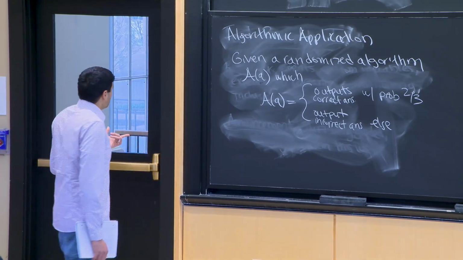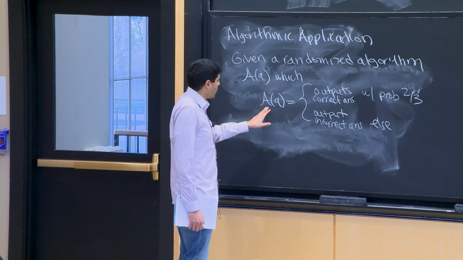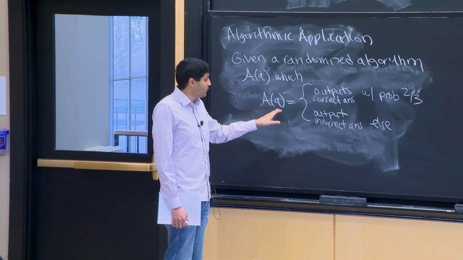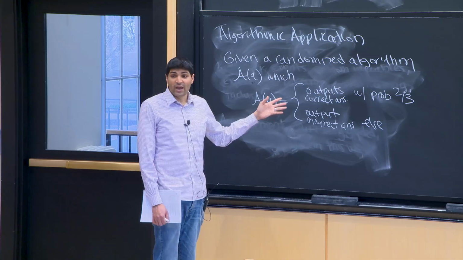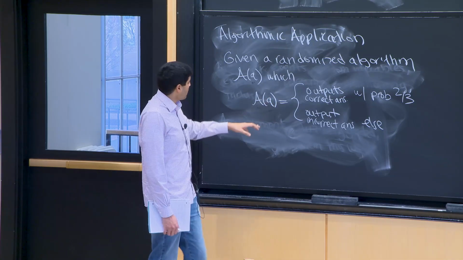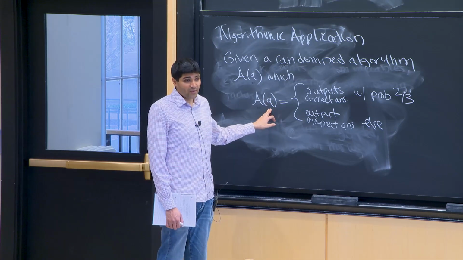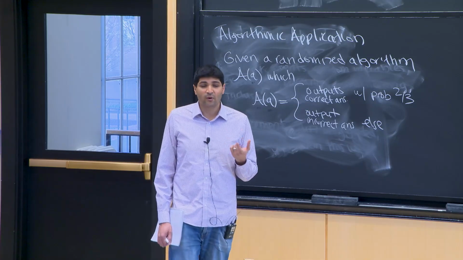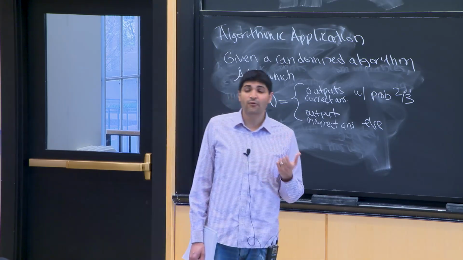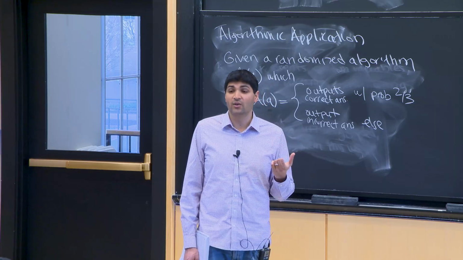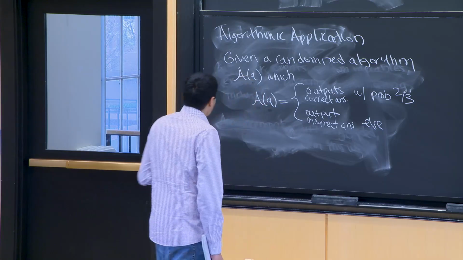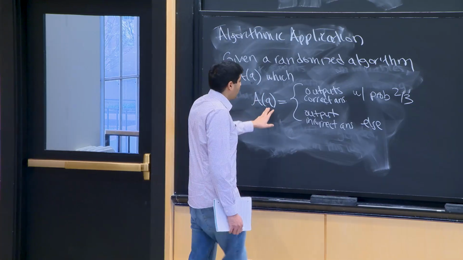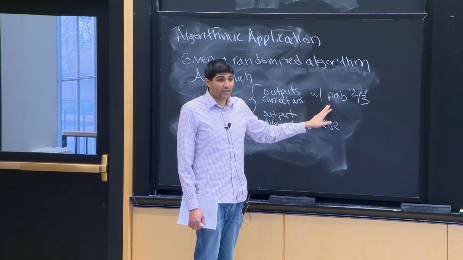But the trouble is that our best algorithms for determining whether or not a given integer is prime are randomized. So maybe I'm running my cryptographic scheme and I have some integer q, and I want to figure out if it's prime so that I can safely use it in the context of my secure communication. So you have an algorithm that, with 2/3 probability, tells you the right answer and otherwise tells you the wrong answer.